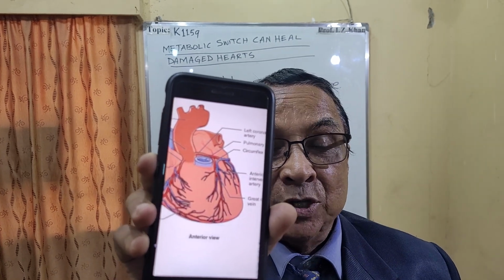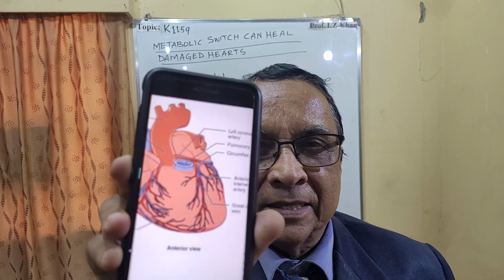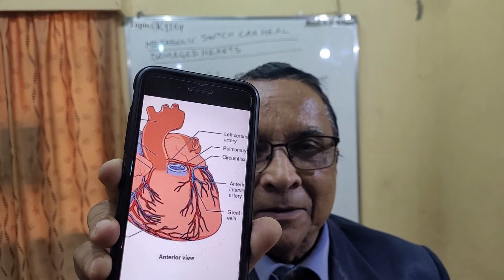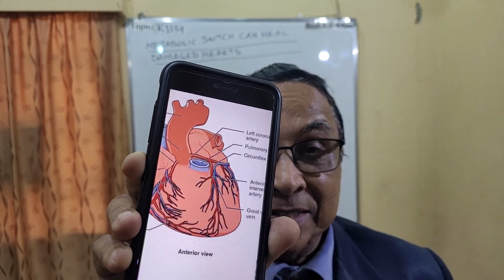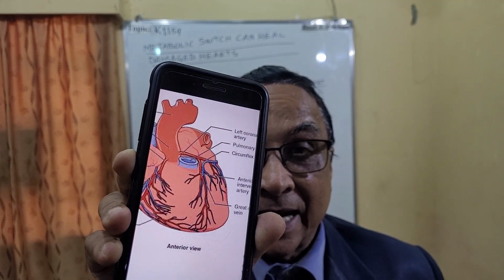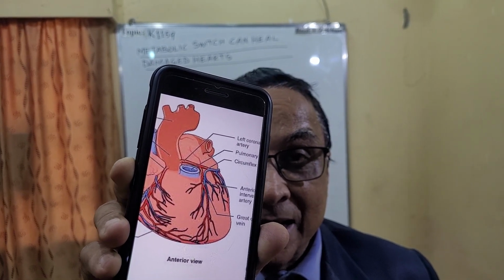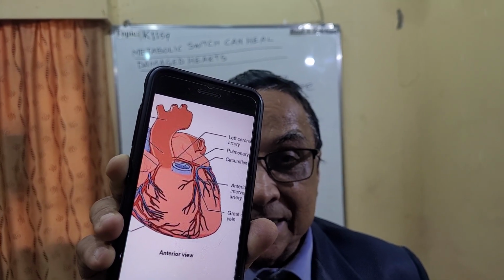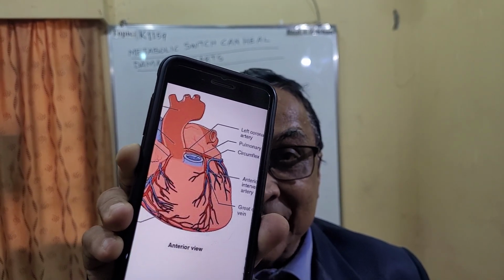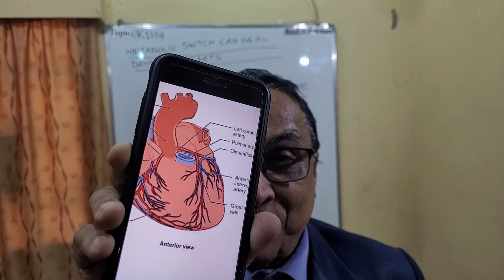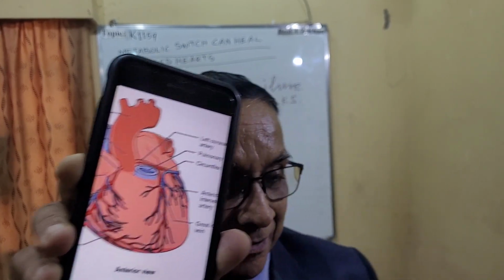So here I am showing you a very clear picture of all the arteries which are supplying blood to your heart from the outside upper surface, and that is the right coronary artery and left coronary artery. They are the main arteries, and others are small capillaries and branches. If there is any blockage, any plaque formation in these branches, definitely you will get a heart attack.